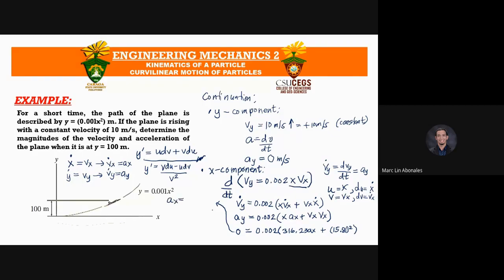The 0.002 will cancel out when we divide, then we transpose the 15.81 squared, which becomes negative. So that would be negative 15.81 squared over 316.23. What's the value of our Ax?